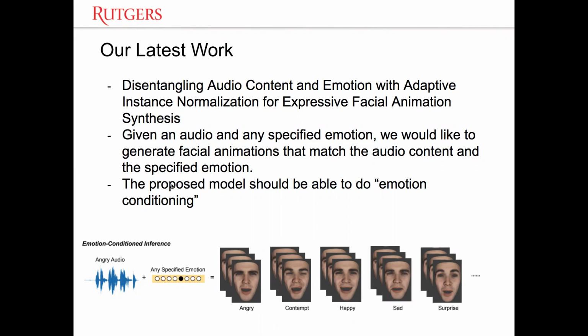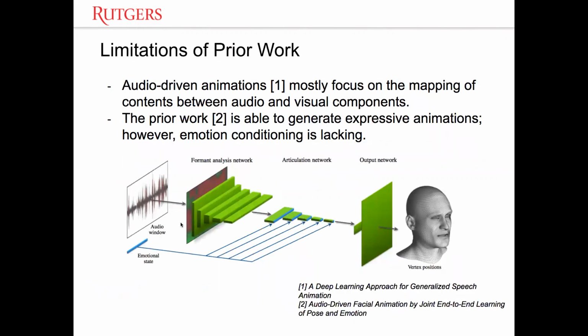And we call this emotion conditioning because such a model has to learn the emotions from a specified emotion while learning the content from the audio. So some of the limitations of prior work: the first prior work usually only focuses on mappings between the contents, not the expressions.